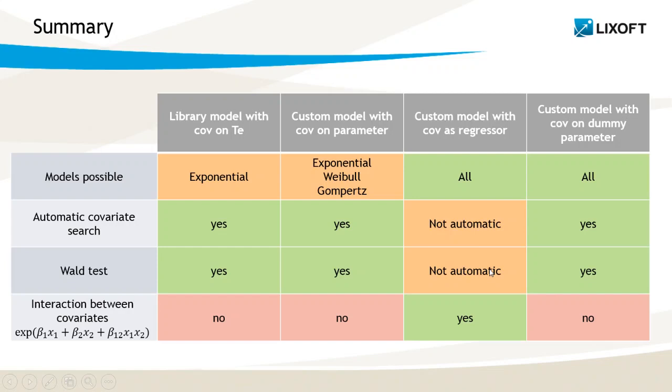On the opposite, the regressor method is the only one that allows to consider interaction between covariates. For instance, to have a beta for the first covariate, a beta for the second one, and a third beta for the product of the two covariates. For a given model, all methods give the same estimated parameters.